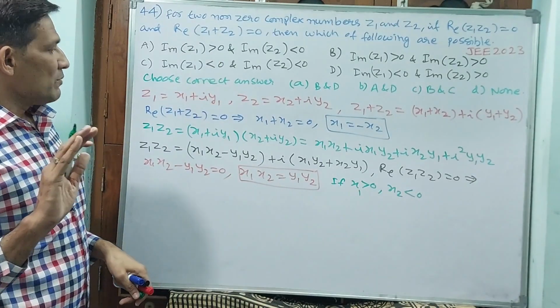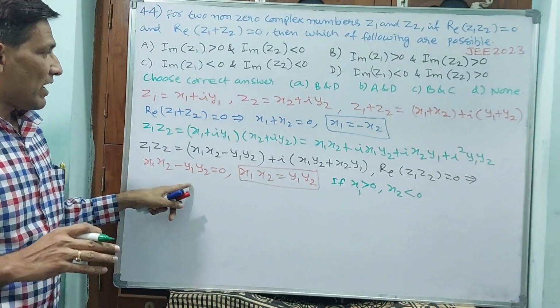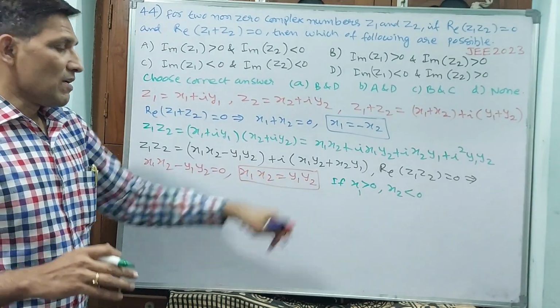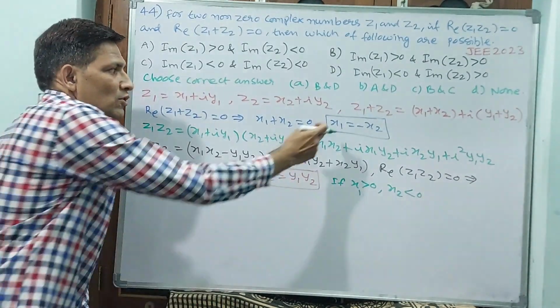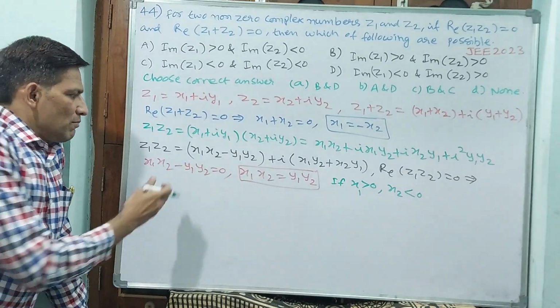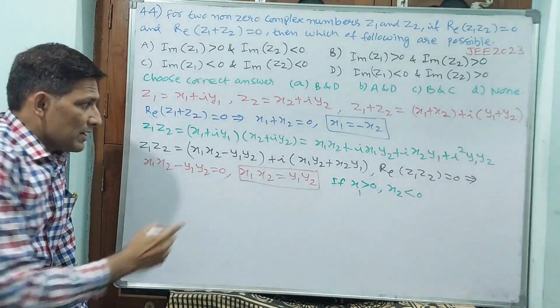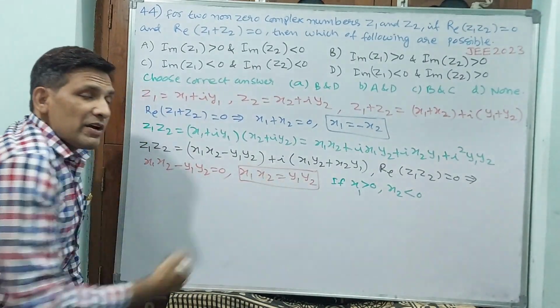Wait a minute. The imaginary part they are telling, that means Y1, Y2. You have found X1 X2, but can you find Y1 Y2 also? Because X1 X2 is equal to Y1 Y2, it should come.